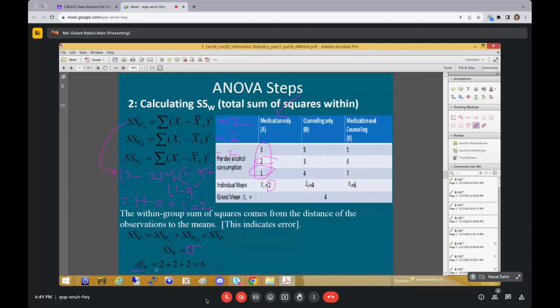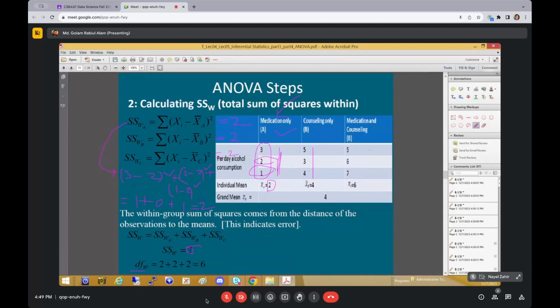So degree of freedom within, in this case, for our A, the degree of freedom is 2. That is medication only. So here it is n minus 1. N is 3, so n minus 1 is 2. For counseling only, here it is n minus 1, that means here it is also 2.